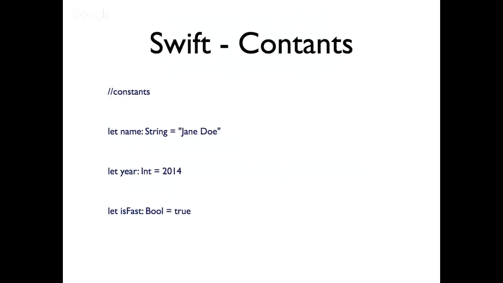And by the way, most of your explicit variable types, in fact all of them, start with a caps letter, just to keep that in mind. Next one's a Bool, true or false, called isFast. And these are all constants, meaning when you declare a constant, below that line in your code, it stays static. If you try to redeclare it, like on name, if I try to go below the name line, name equals "Chuck Konkle" in quotes, it wouldn't let me do it.